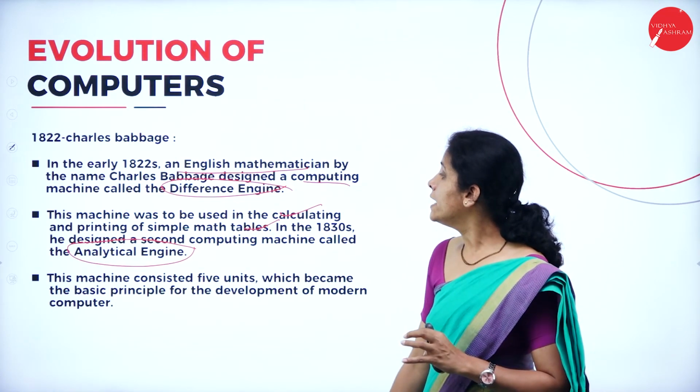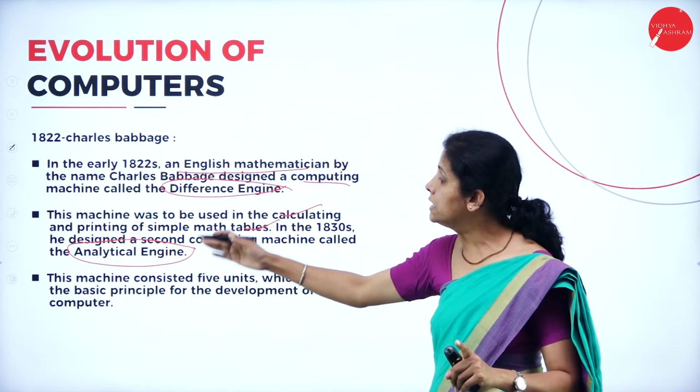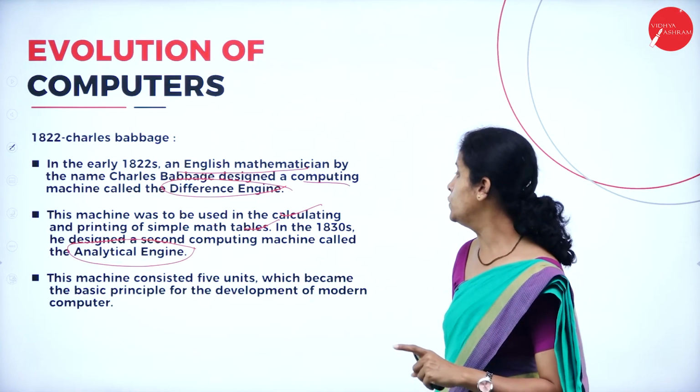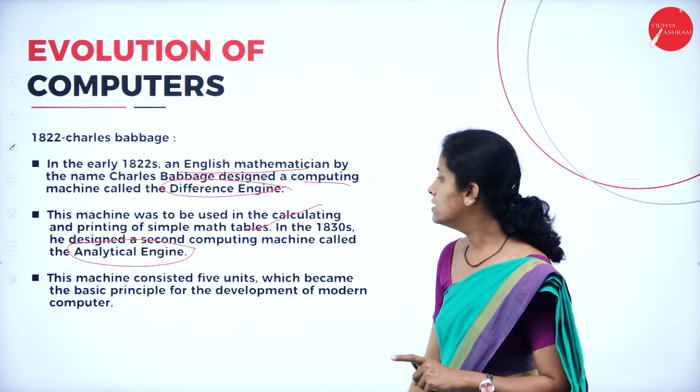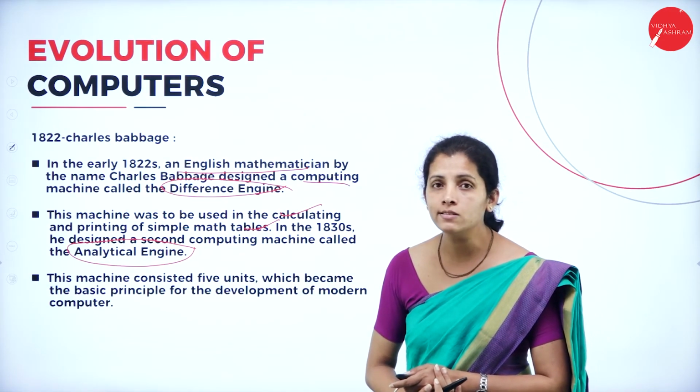This machine includes 5 units. That means the analytical engine was made up of 5 units, and this is the basis of the modern computer system.